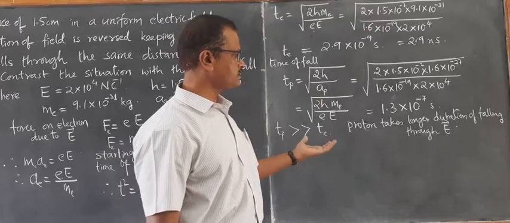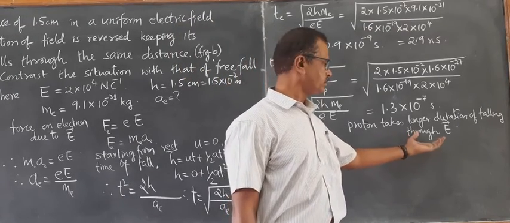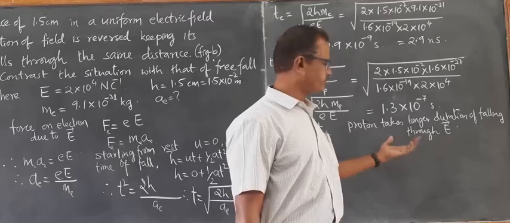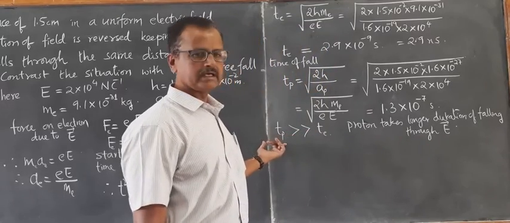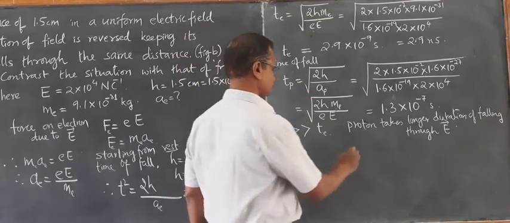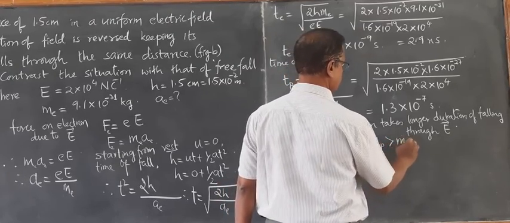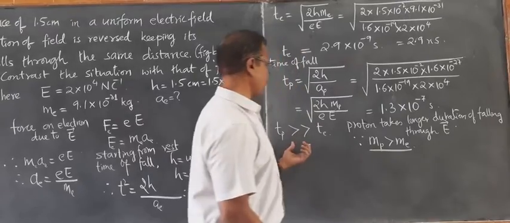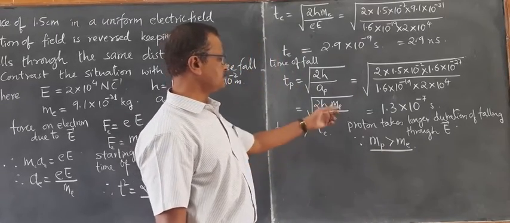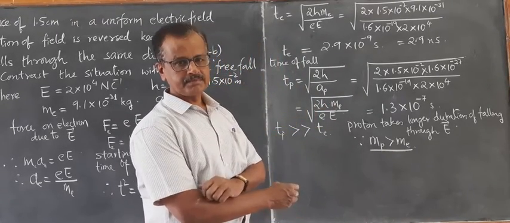Proton takes a longer duration to get accelerated due to the same electric field compared to that of electron. The reason is the mass of proton is greater than the mass of electron.